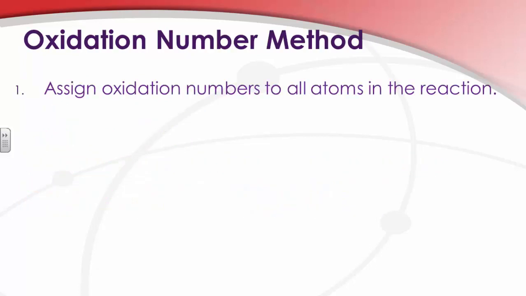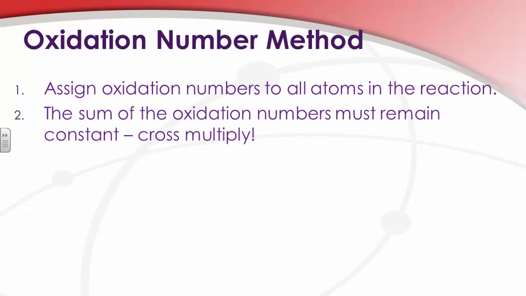Alright, so step by step then, the oxidation number method. The first few steps apply whether it's in gas phase or in aqueous phase. First off, we have to assign the oxidation numbers to all the atoms in the reaction. And this is why we spent so much time talking about that yesterday. Once we do this, we can figure out how many electrons are moving per atom, and then make sure that the number of electrons being generated is the same as the number being accepted.